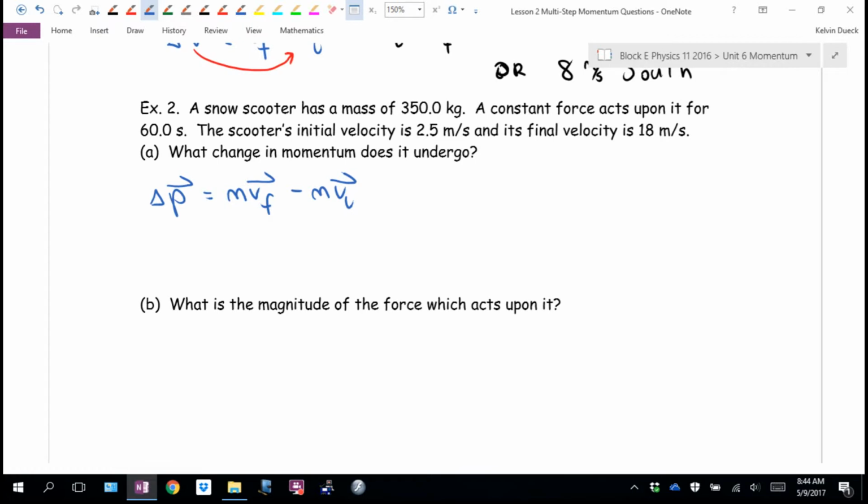Sydney, what's the mass? What's V final? Yep. Minus, you said the mass was 350. What's V initial? 2.5. I don't have a direction here. I really should have said what's the magnitude of the change in momentum, but okay.